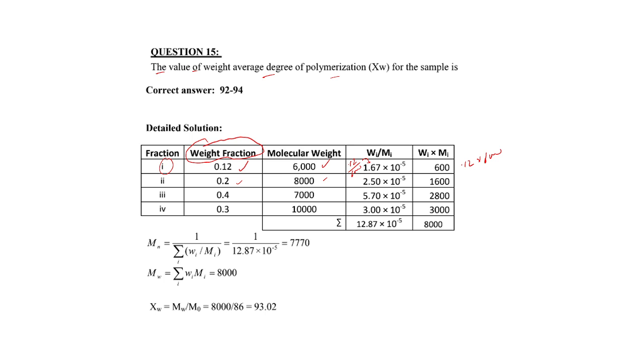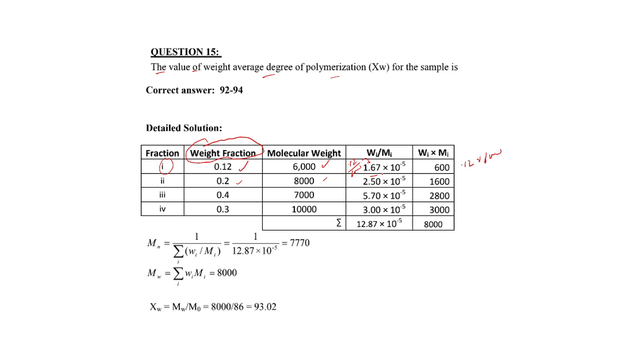Wi is 0.12 divided by 6000. I think there is some mistake in this question, because when we divide Wi by Mi, we are not getting this value.